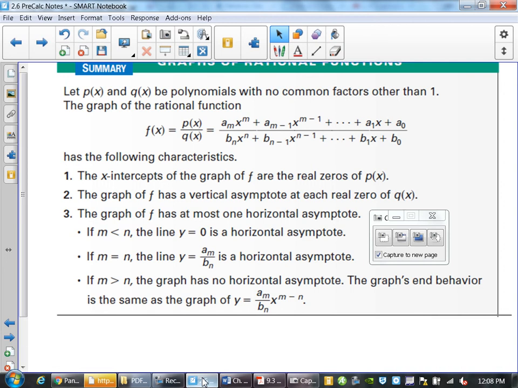So if you recall from last year, whenever you have a rational expression, the zeros of the numerator are the x-intercepts. The zeros of the denominator are the vertical asymptotes. And then you had that game where you're trying to figure out the horizontal asymptotes, whether or not your degrees were greater in the numerator or the denominator.